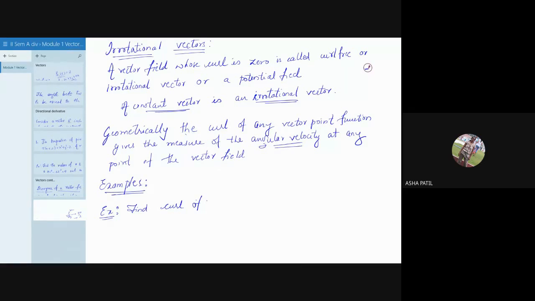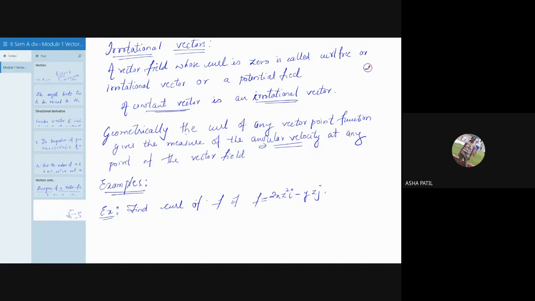Find the curl of F if F is equal to gradient of... did we take a similar example yesterday? I'll change this example. Not take gradient, directly do it. F is 2xz square i minus yz j.